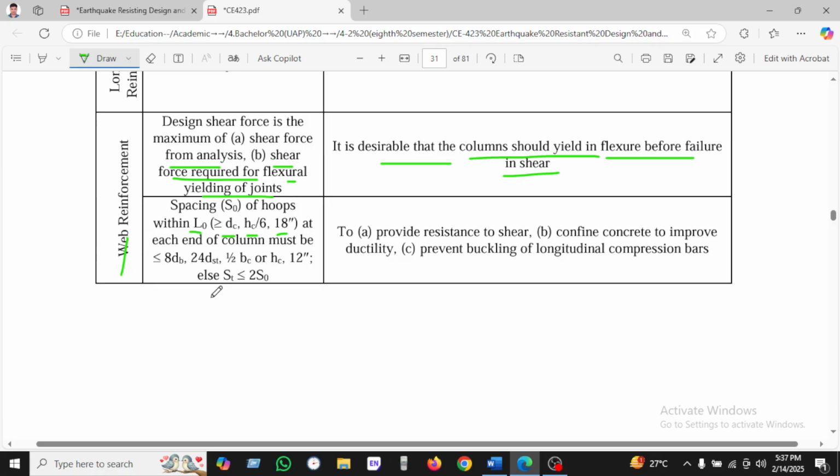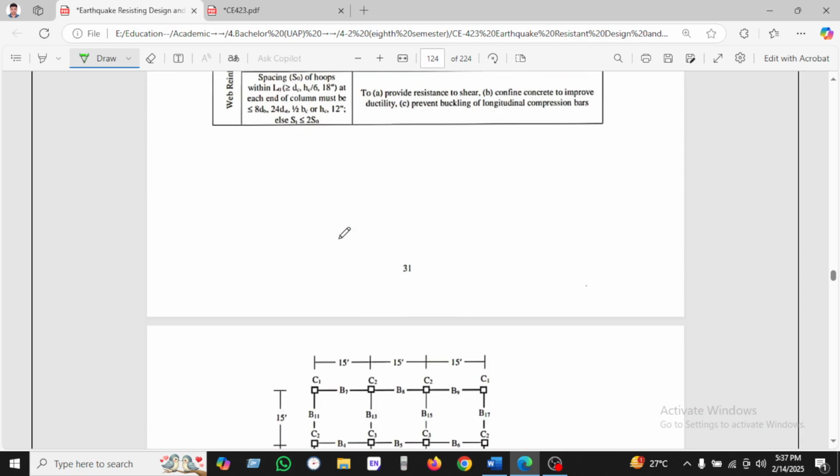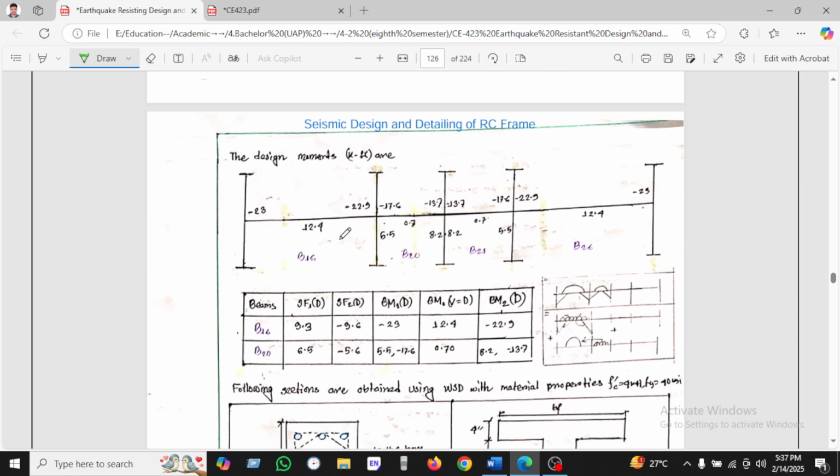Elsewhere we use stirrup spacing of 2 s naught. Why? Because this provides shear resistance, and confined concrete improves ductility and prevents buckling of the longitudinal compression bar. Okay, these are the ending here.